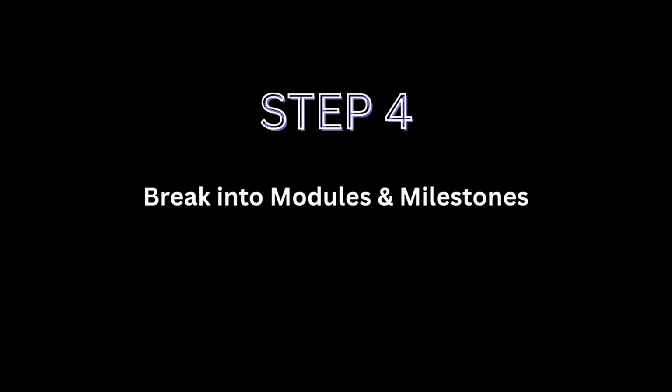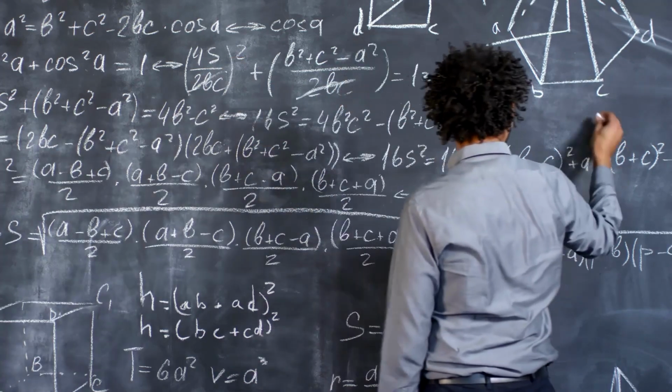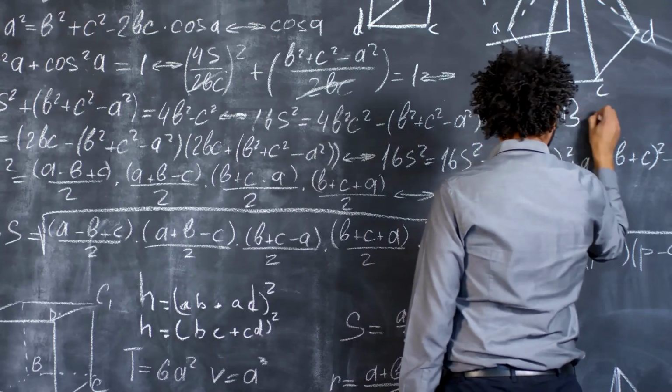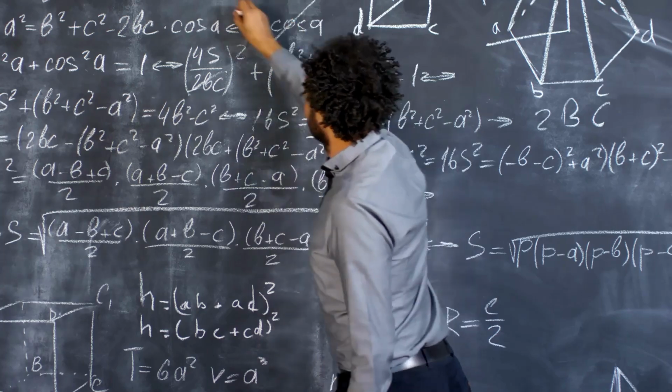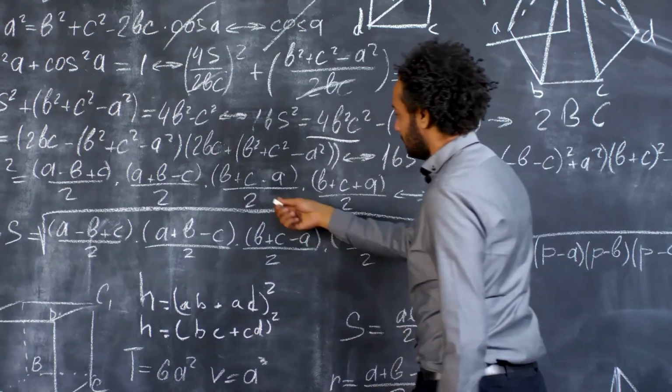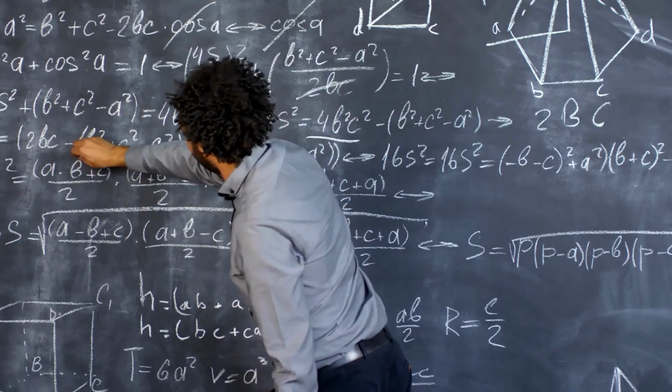Step 4, yes, the timeline estimation. How to calculate the deadline? Some math: how many hours a day you will work on the project and all this stuff. Then, maybe 2 hours a day, 5 days a week, 10 hours per week. So here we go.